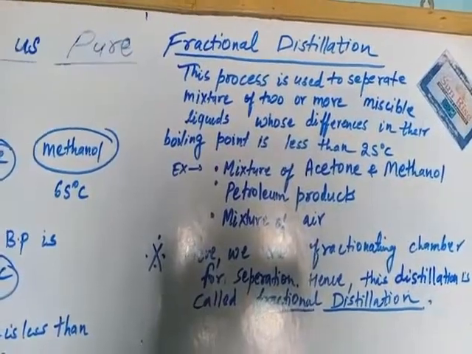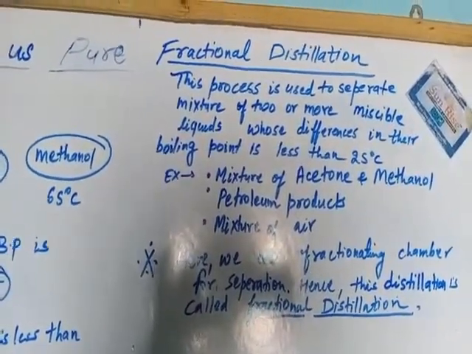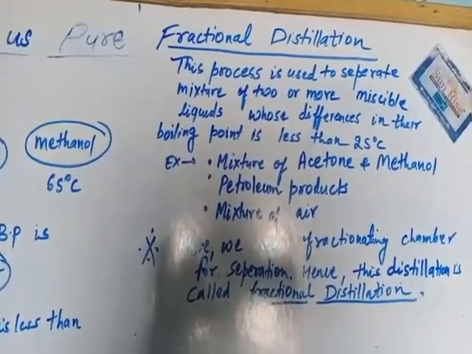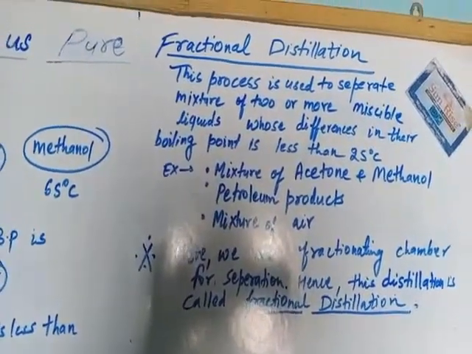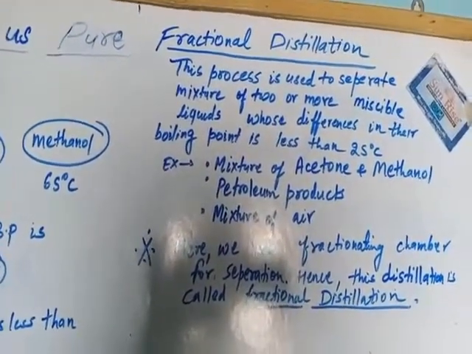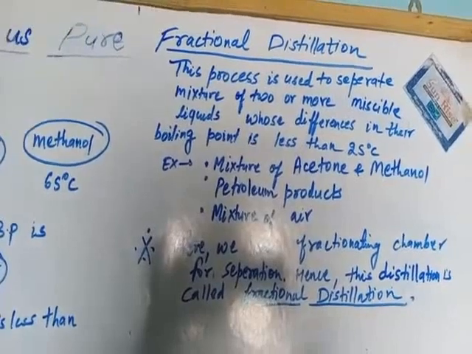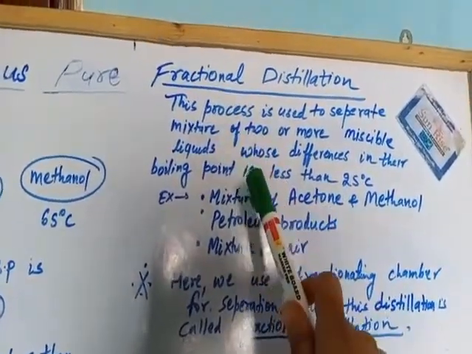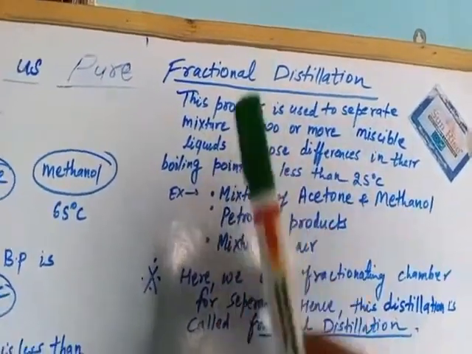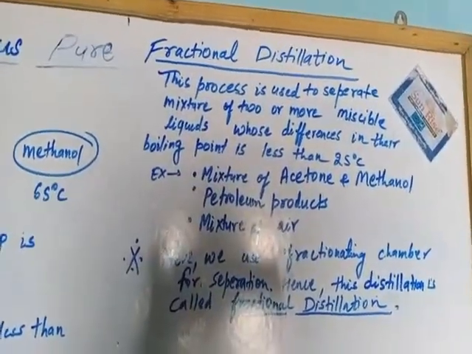There are many differences between fractional distillation and simple distillation process. The first difference is that in simple distillation we can separate only two miscible liquids in a mixture, whereas in fractional distillation we can separate two or more miscible liquids from a mixture.